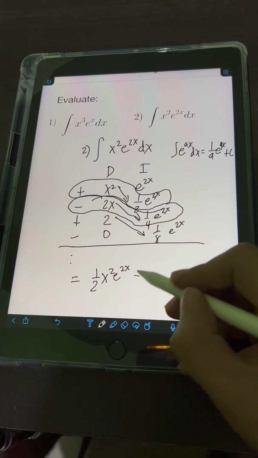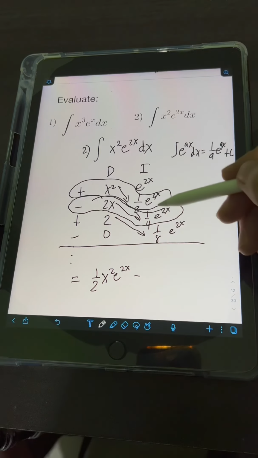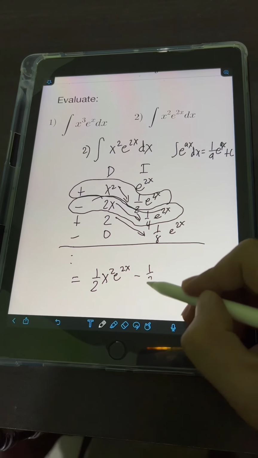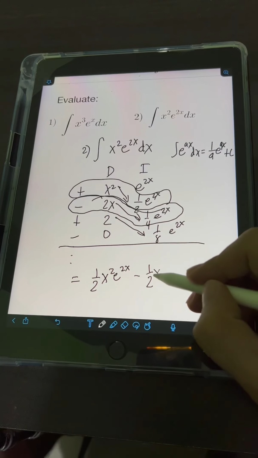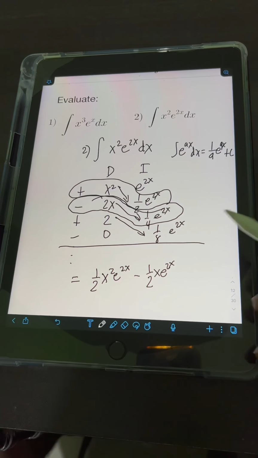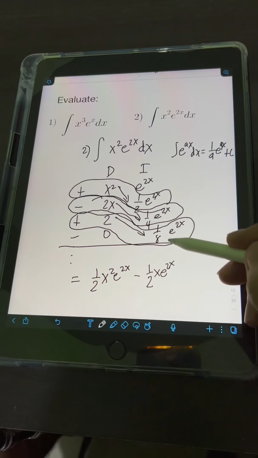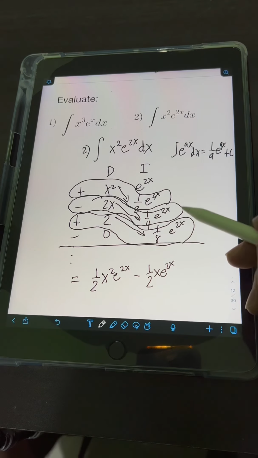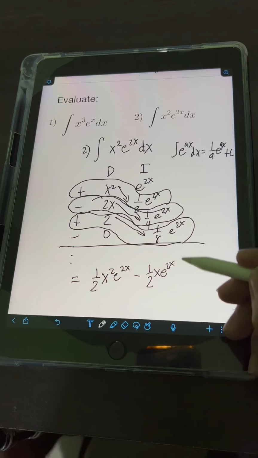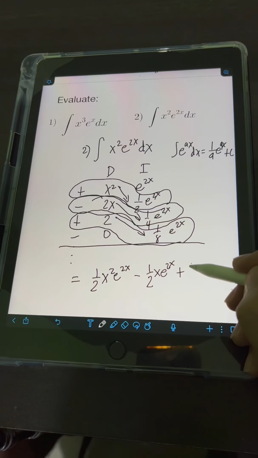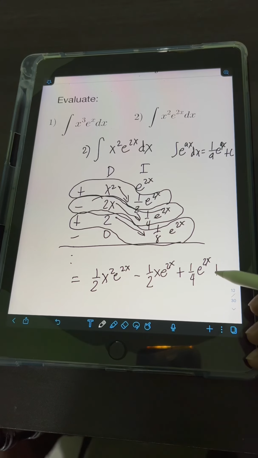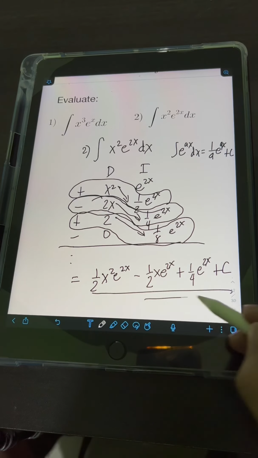So that's negative 2 times 1/4, in lowest terms 1 half, times x e raised to 2x. For the last term, we have positive 2 times 1/8 e raised to 2x, in lowest terms positive 1/4 e raised to 2x, plus c. So this is the final answer.